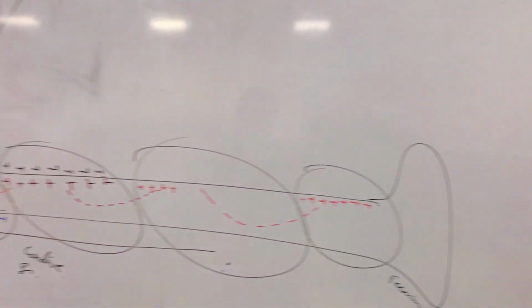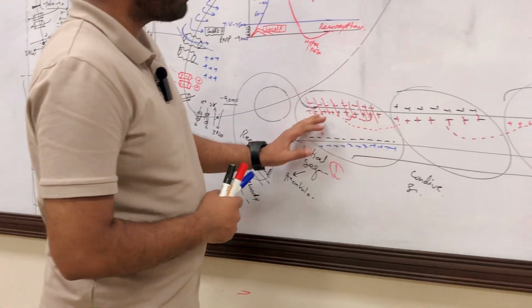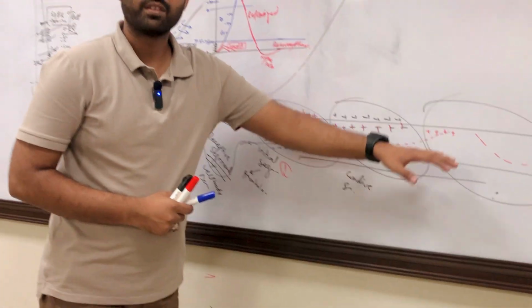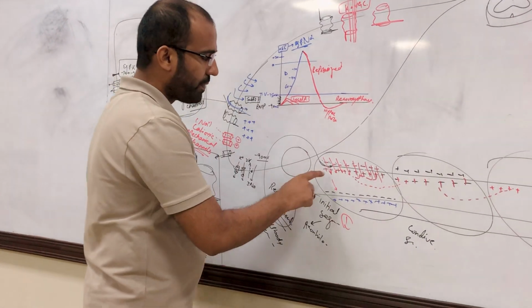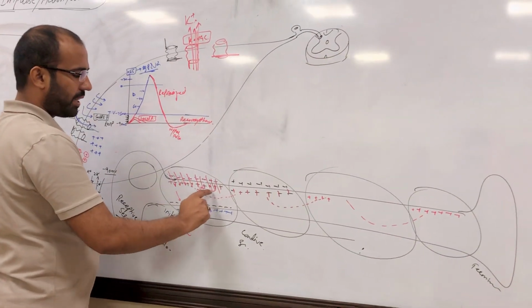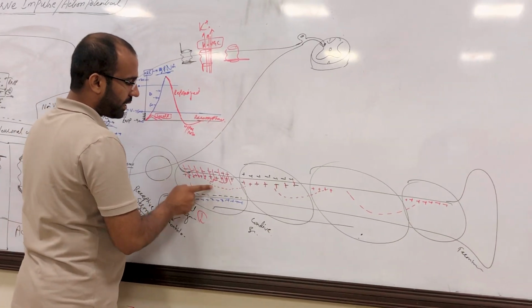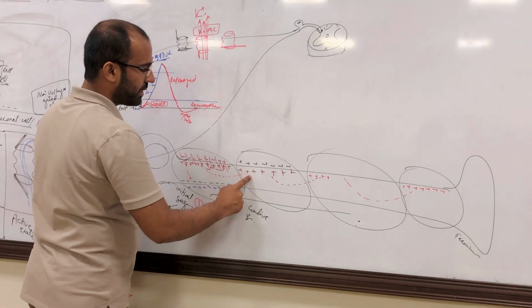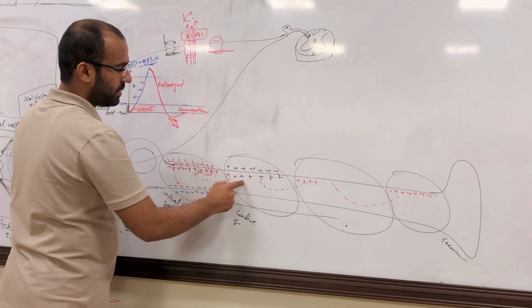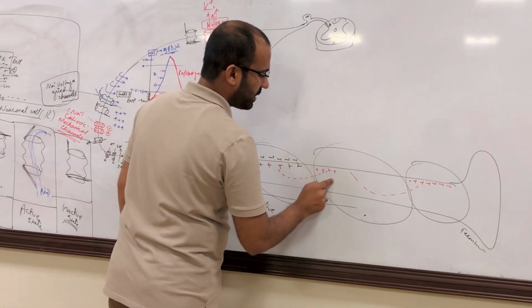So what does this mean? There is a wave of depolarization across the cell membrane. Sodium comes in, neutralizes the electronegativity, and depolarizes the membrane. This sodium trickles into the nearby area and depolarizes it, and the sodium which comes inside at that point depolarizes the next area.